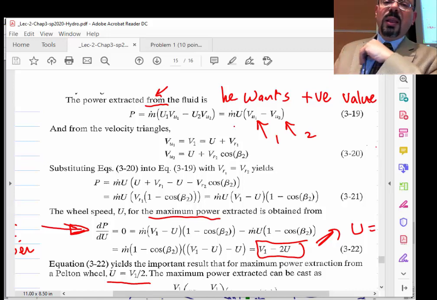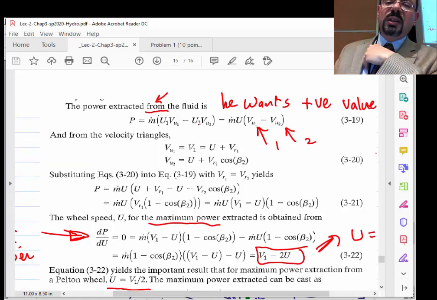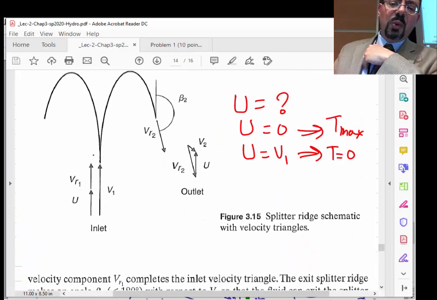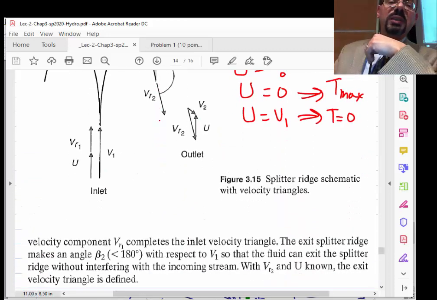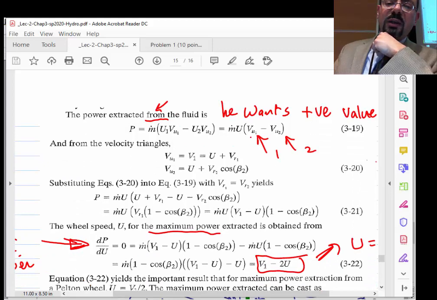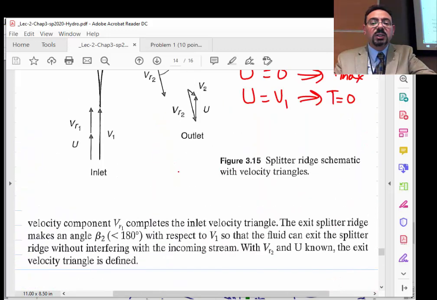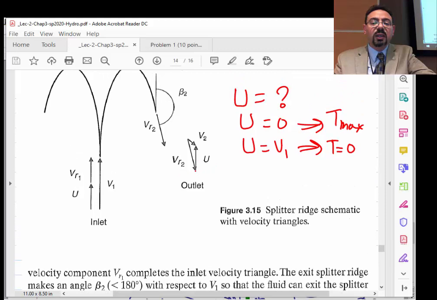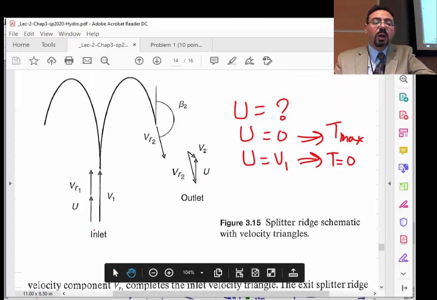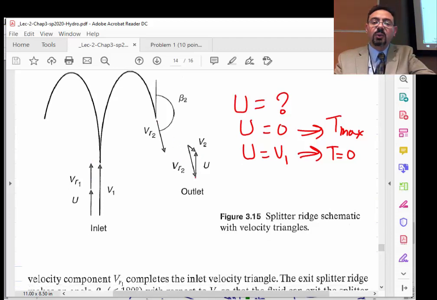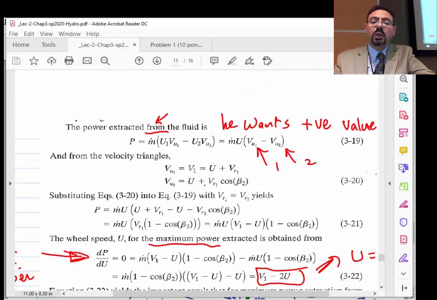And you realize that U1 and U2 are the same, because they are part of the same plate. So you get U over here, and V theta 1 and V theta 2 over there. He looks at the velocity triangles and realizes that V1 is U plus VR1, and over here this angle is beta 2, and he comes up with two equations for VU1 and VU2.